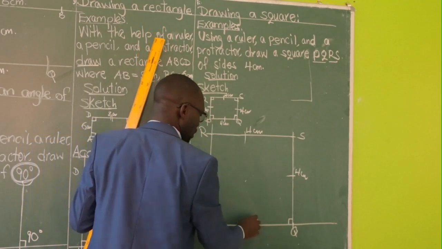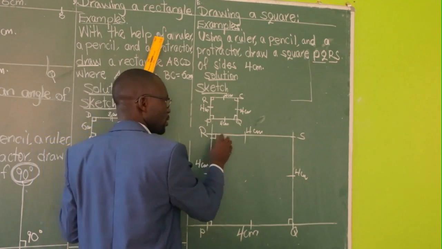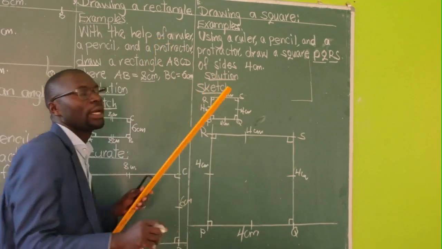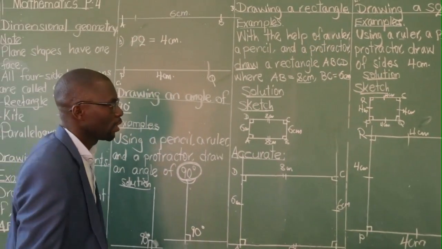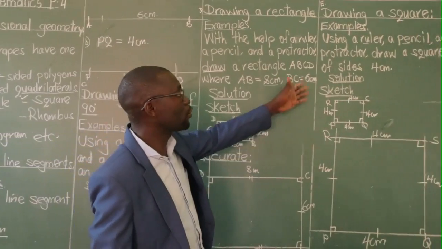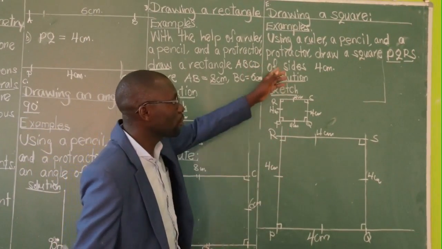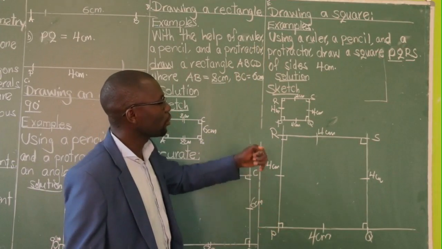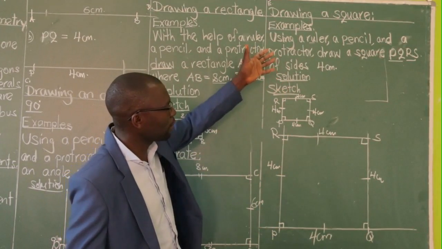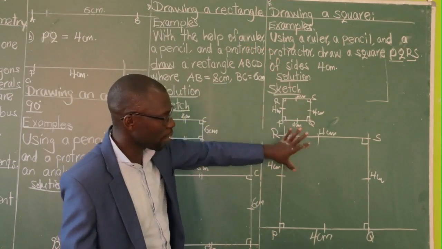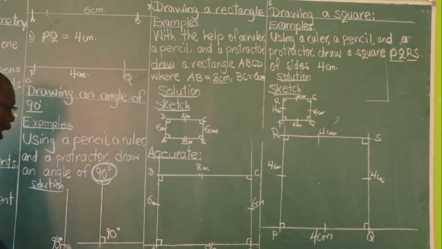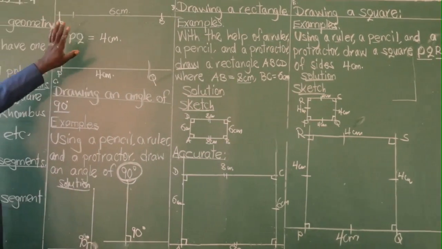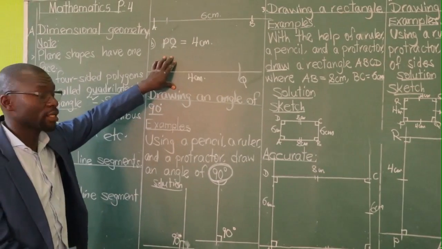See, all these sides are equal, this angle is 90, and that one is also 90 degrees. So this is how we draw a square. You can do this over and over again to do enough practice and have actual drawings of a square, of the rectangle, angle 90 degrees, and even these line segments using the tools that you have been given.